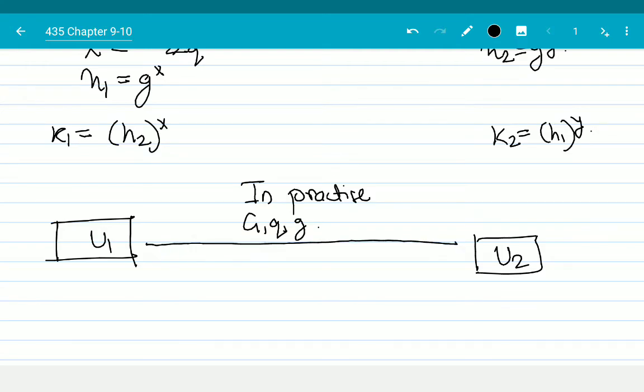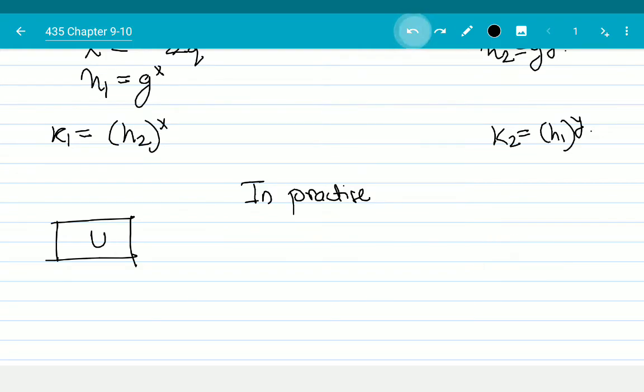Okay, everyone knows these. So let me draw my figures. In practice G, q, g is out there in public.